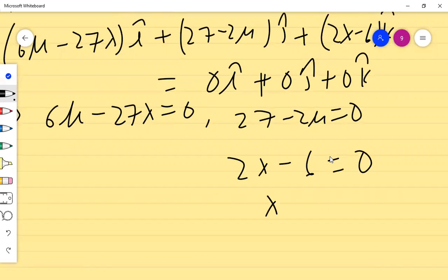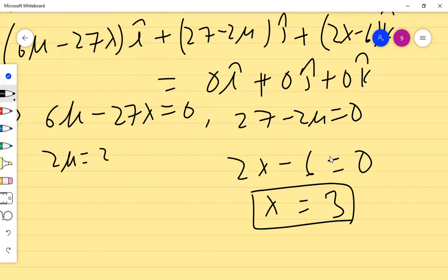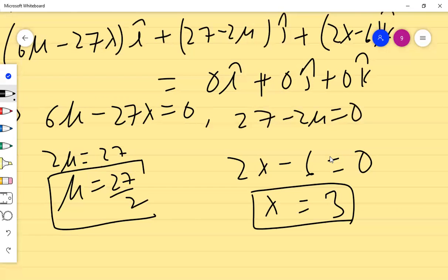From here lambda equals 3, and 2 mu equals 27, so mu equals 27 by 2. So these are the two values that we got.